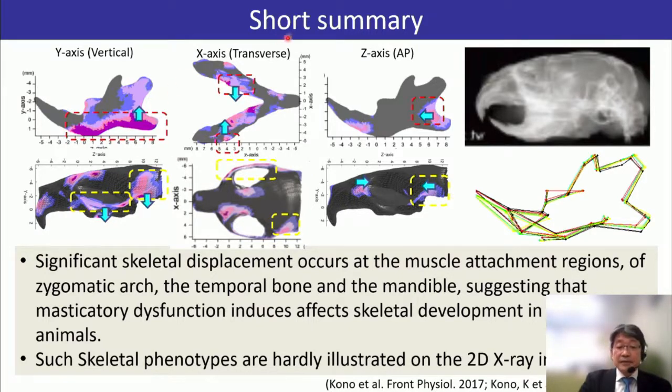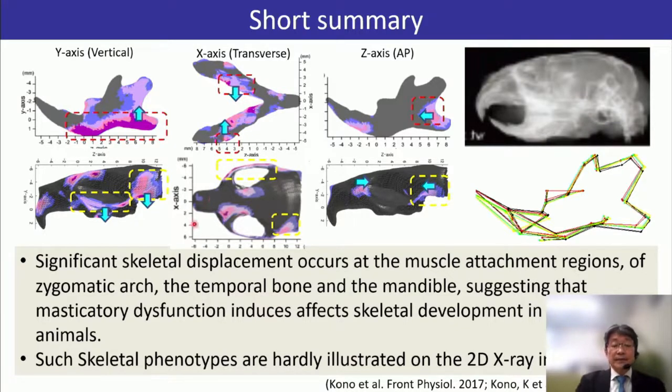And this is the summary of the significant displacement in the X, transverse direction. It's very interesting. This could hardly be detected, but in the coronoid process, significant inward displacement was evident here, and the lower molar region also showed significant inward displacement.